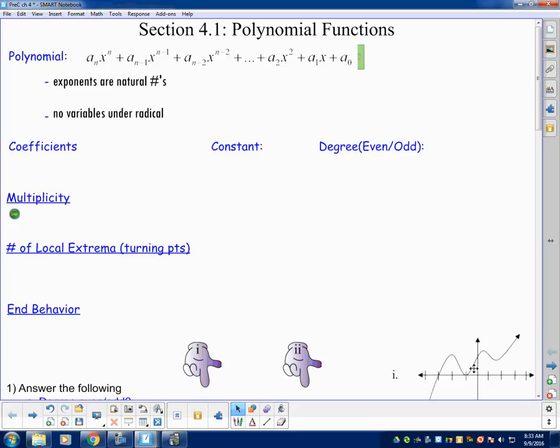The coefficients are the a sub n minus 1, all the way to a sub 1. We call those the coefficients of the variables in the polynomial. And the last term, a naught, is called the constant.